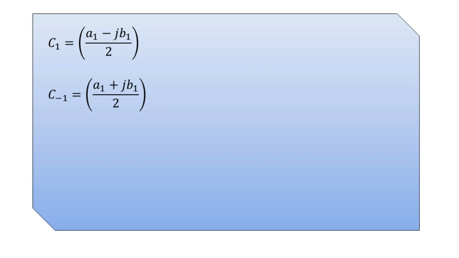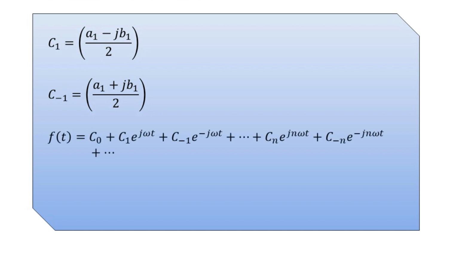So the generalized representation of any signal f of t in the defined functional space is f of t equal to capital C suffix 0, added to capital C1 e to the power j omega t, added to C suffix minus 1 e to the power minus j omega t, and this addition continues with components like capital Cn into e to the power jn omega t, added to C suffix minus n into e to the power minus jn omega t, and so on.